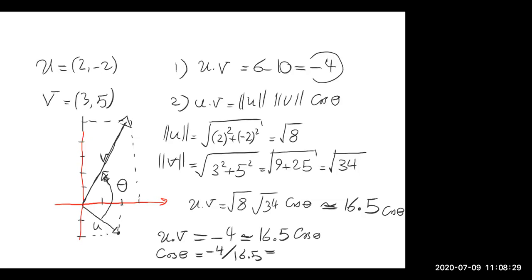Okay, so theta is arc cosine of minus 4 over 16.5. Therefore theta is arc cosine of this number.